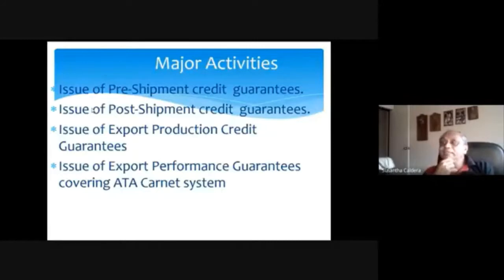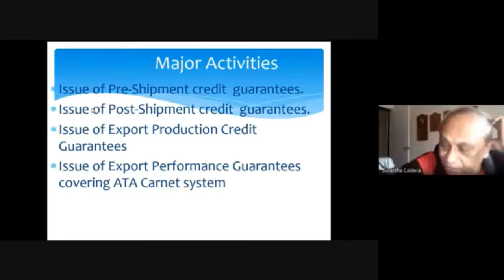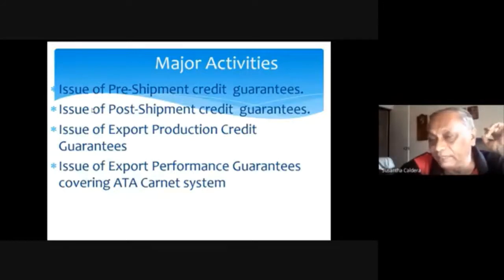When you take precious items like gems and jewelry and ivory for exhibition or something, either you have to pay export tax, and when you are bringing the balance back to the country, you have to pay import tax.